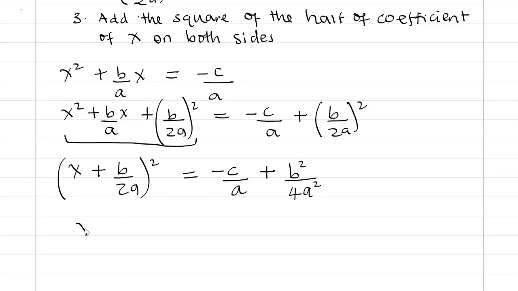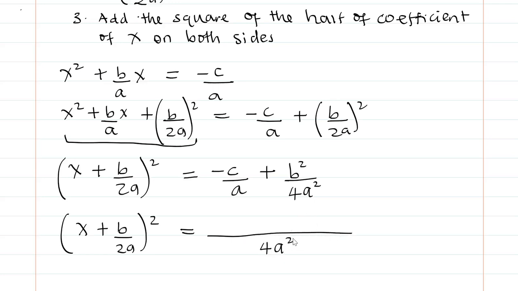I'm keeping this side the same, (x + b/2a) squared equals, I want to combine these two. So what is the LCM? The LCM is 4a squared because it can be divided by the two numbers. So the LCM of a and 4a squared is 4a squared.